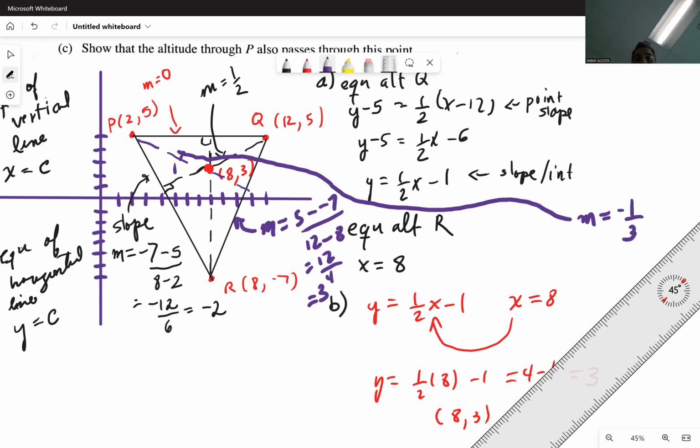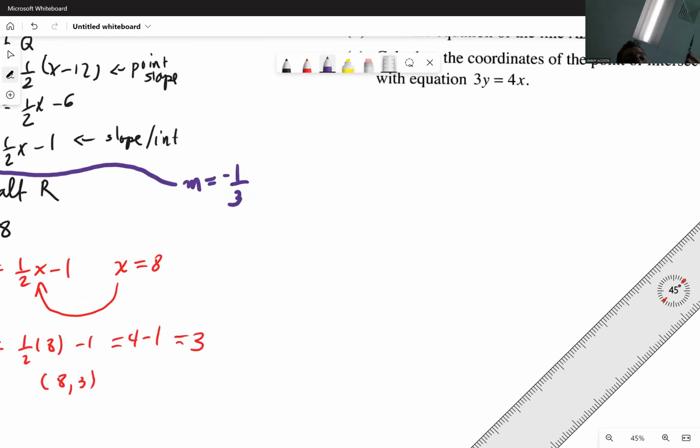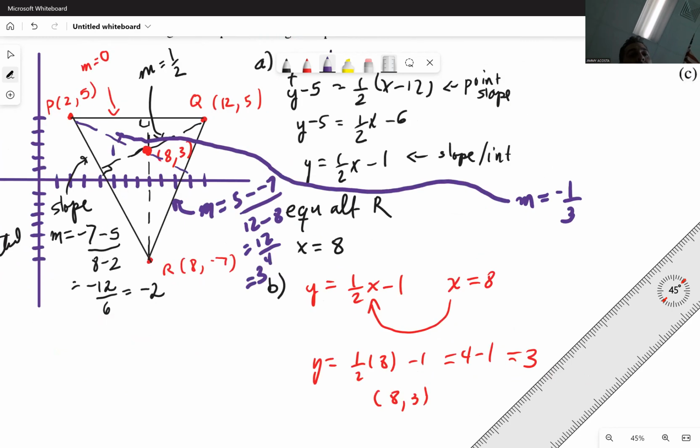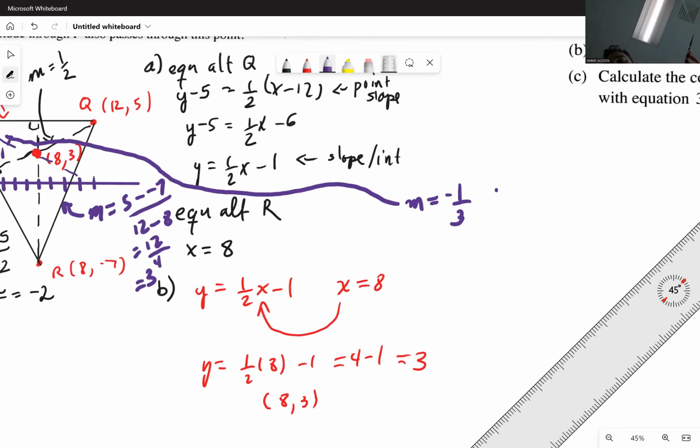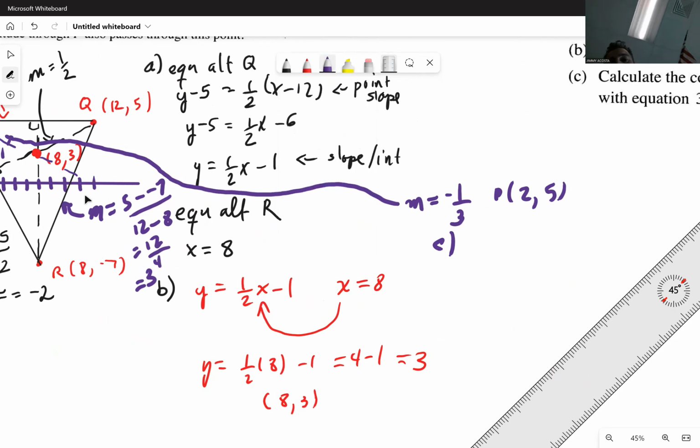Right. So now that I can answer, what's the point for P? P is 2 comma 5. So that's true. Then we have the following: y minus 5 equals -1/3 times x minus 2.